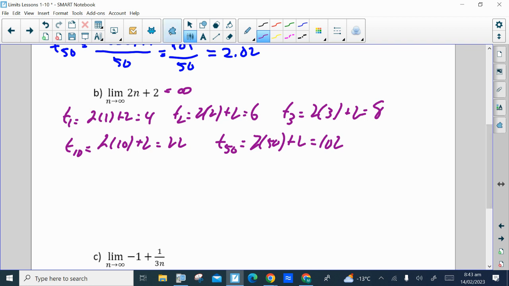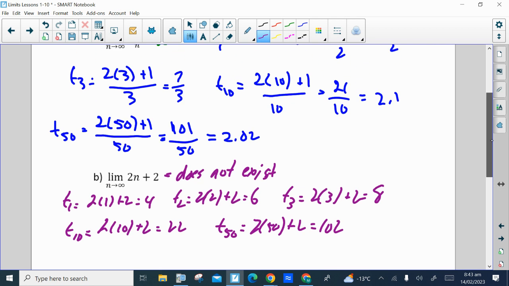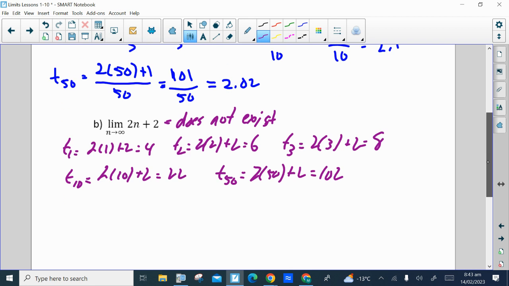So in this case, and I'm going to erase it, it's actually not going to approach infinity. The limit would not exist, because it's not approaching a specific value. The value of the term just keeps rising at a constant rate. The difference between successive terms is constant, not like the last example, where the difference from one term to the next was always decreasing, which is why we can say that it is approaching a certain value.